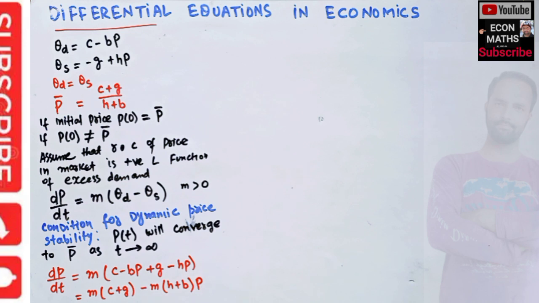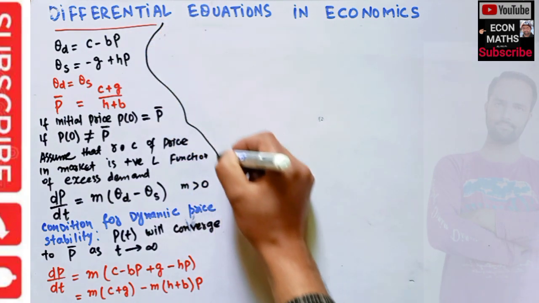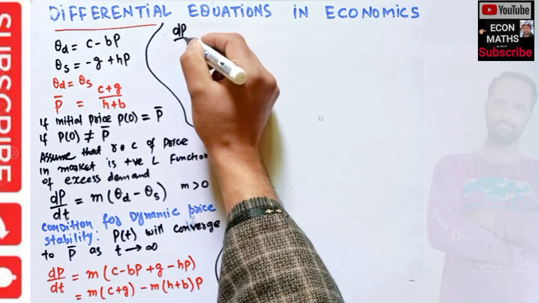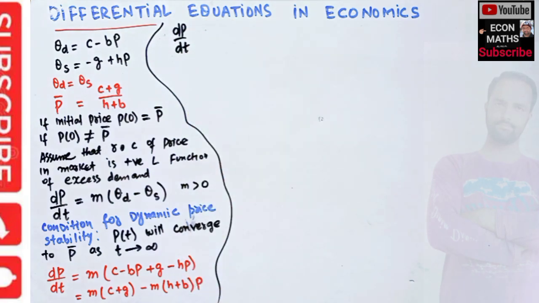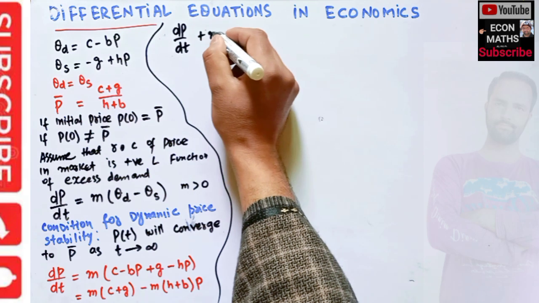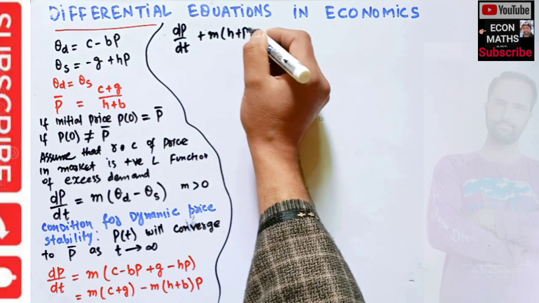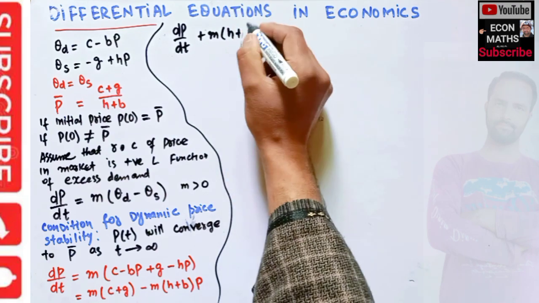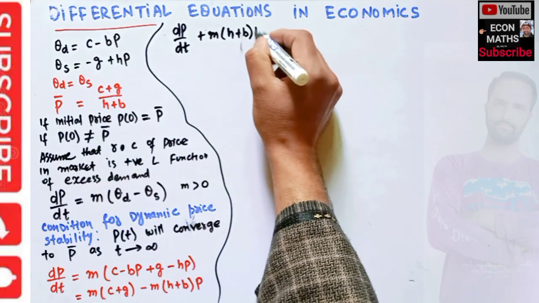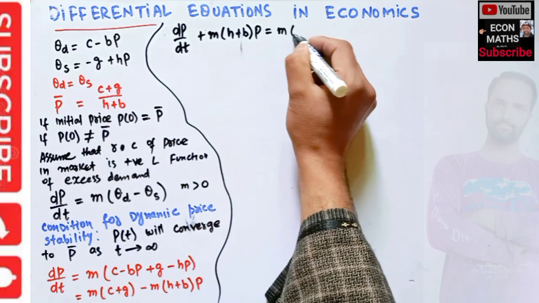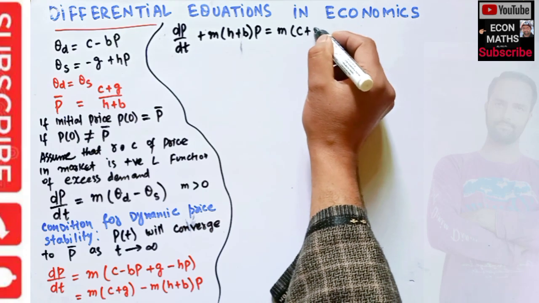Now why am I doing this? This is a deliberate attempt here. I want to write it in a standard form. That means what we got here, dp upon dt, now transpose this here, it will become plus m(h plus b)p is equal to m(c plus g).